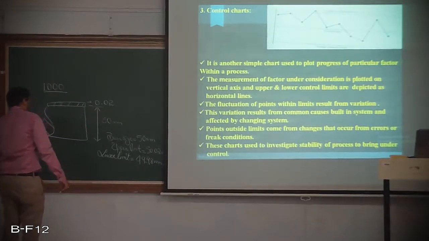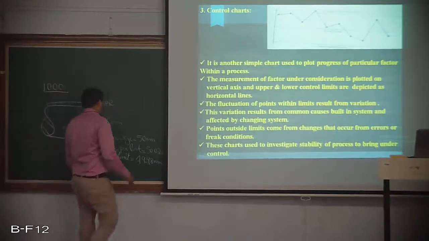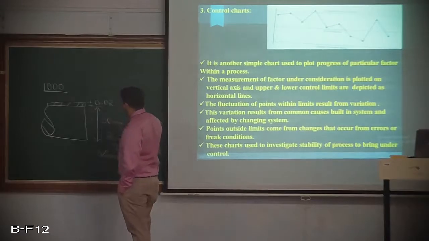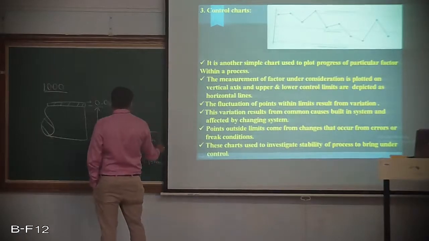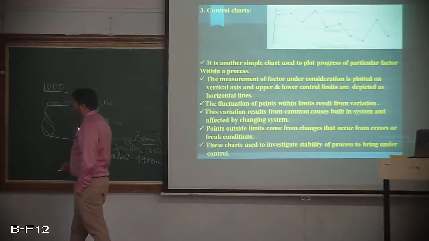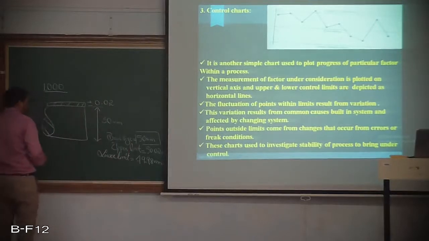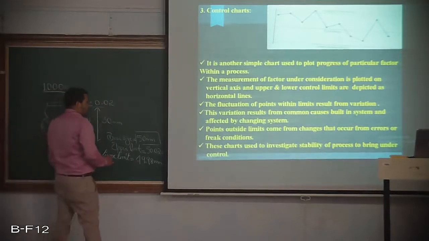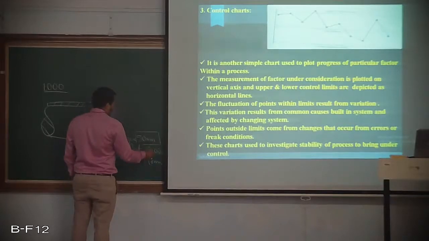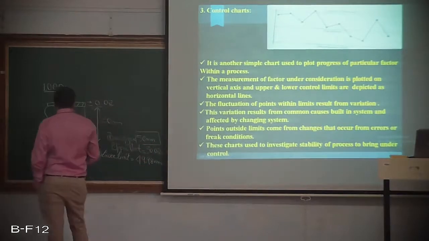So my target value for the production of the shaft is always 50 mm. But I know that this 50 mm is not exactly achievable, hence I have given the tolerance with upper limit of 50.02 and lower limit of 49.98.